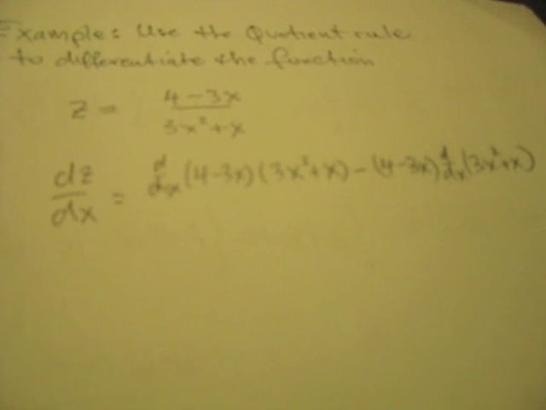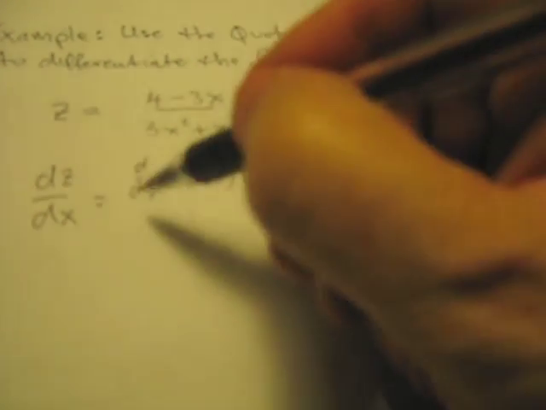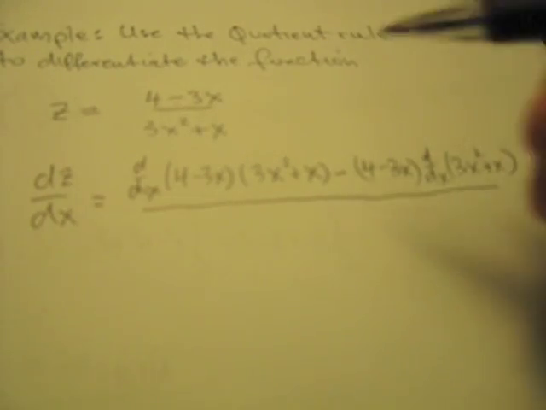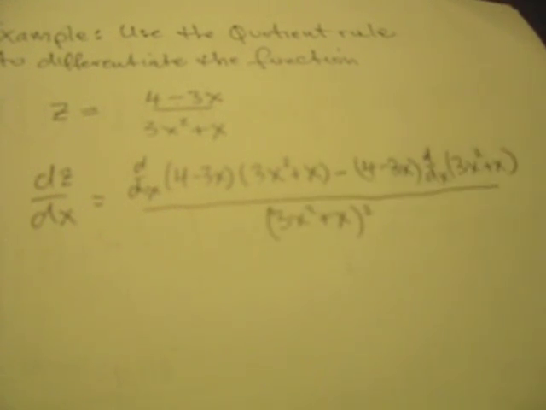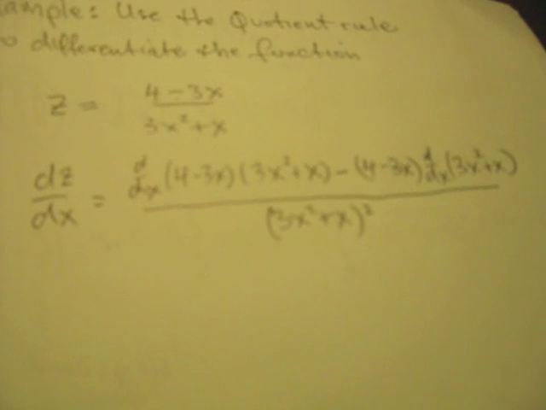Okay. Alright, now this is all divided by the bottom function squared. Okay. Alright, so that's our first step.